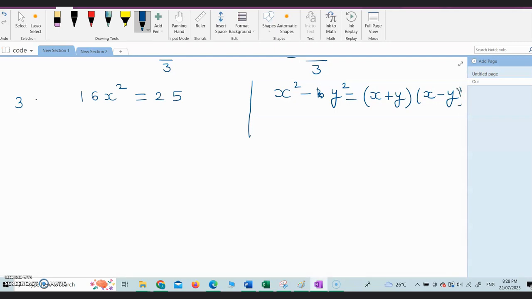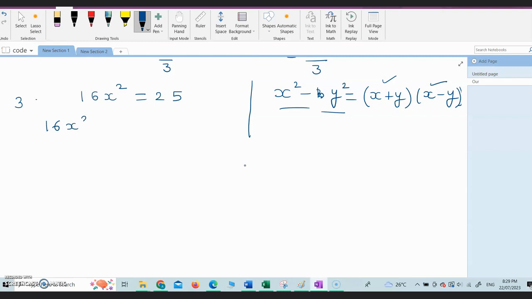This is one of the basic formulas that you must have read earlier. If you want to verify, you can just multiply these two, you will get the same term. So here the question looks very similar to this term, that's why I wrote the formula over there. So first we will take this 25 to the left hand side.